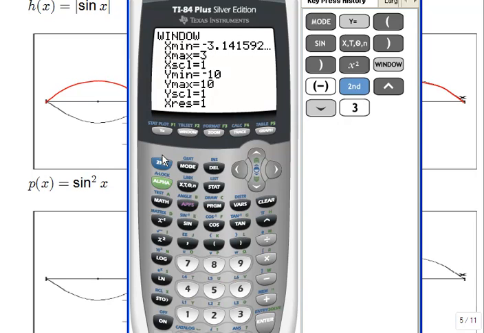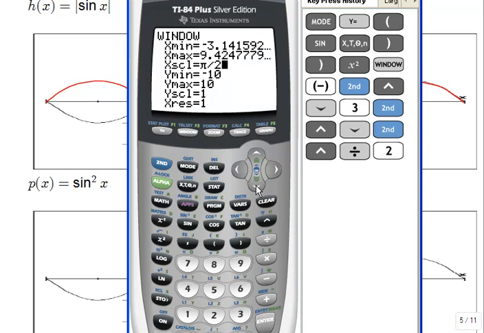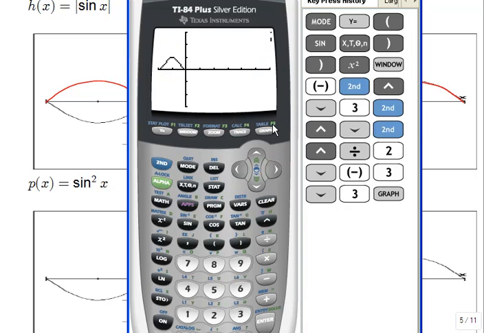So let's type in 3 pi. And I have little tick marks at pi over 2's. So I'm going to let my x scale be pi divided by 2. And then my y min, it goes down to negative 3, and my y max goes up to 3, and now we can hit graph.